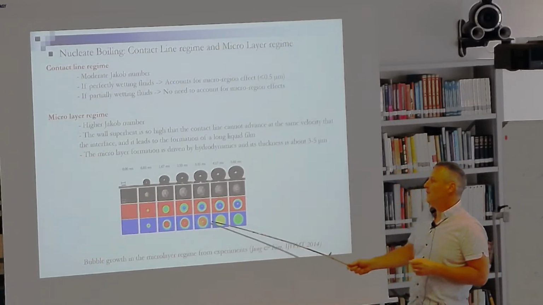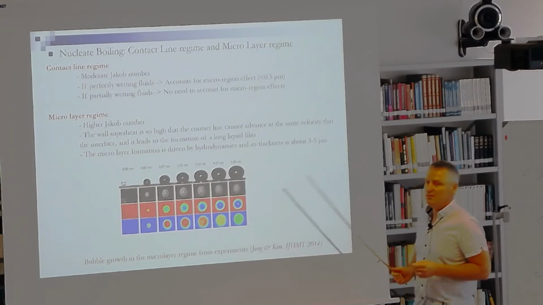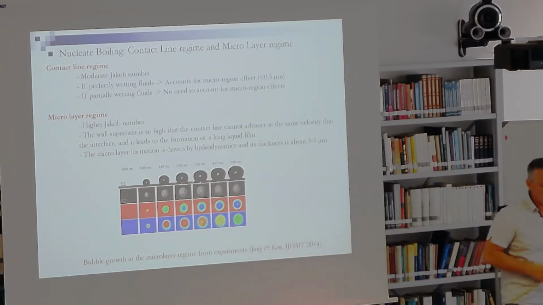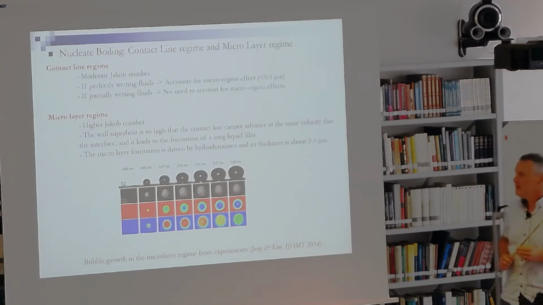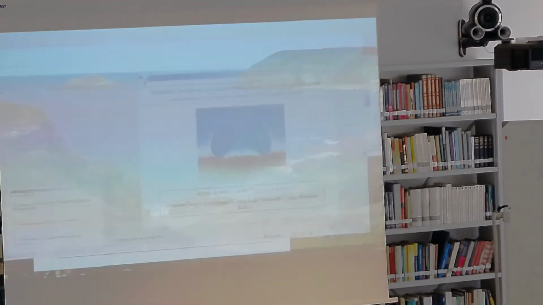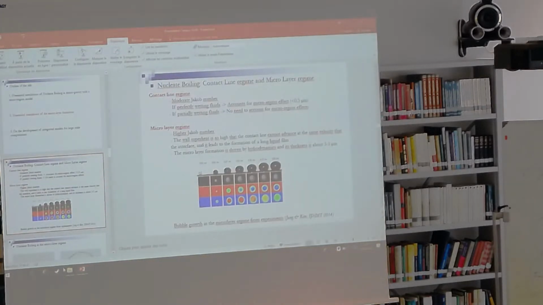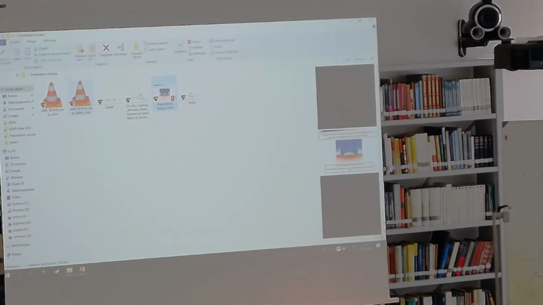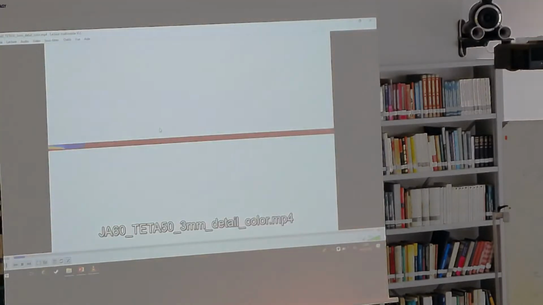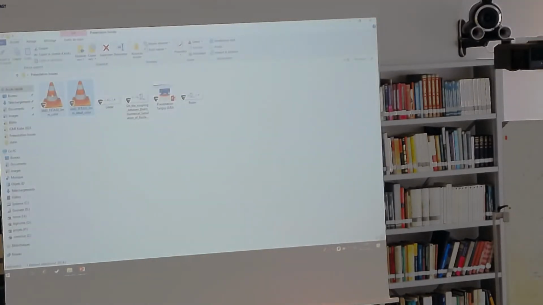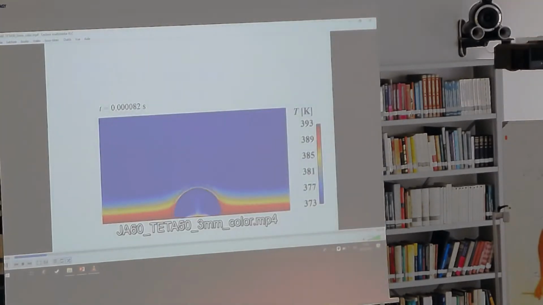This arises for much higher Jacob number, so much higher wall superheat. And we undertook some simulation of microlayer using a much more refined grid than in the case of the contact line regime.